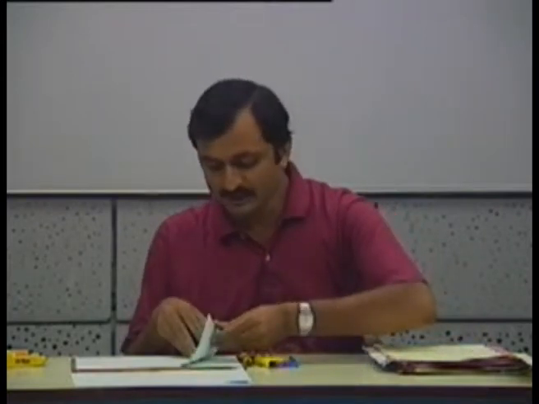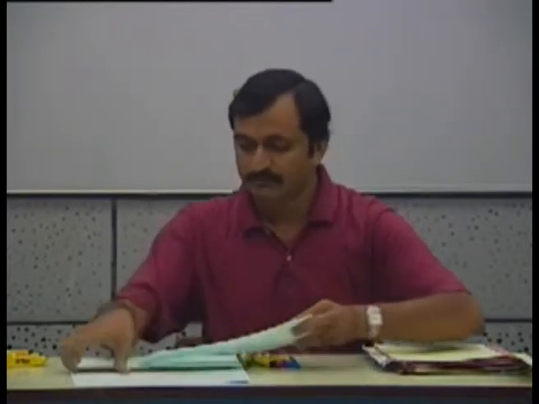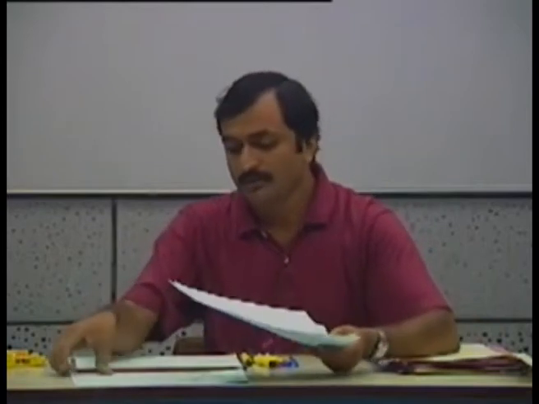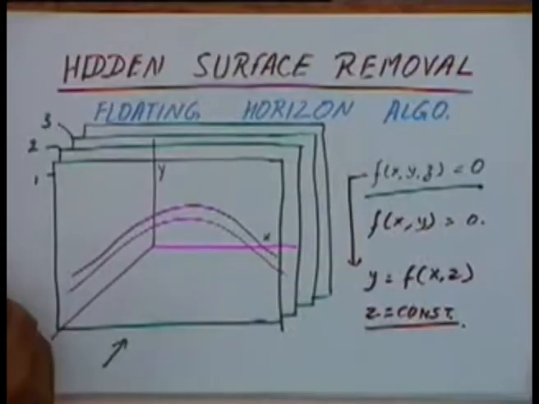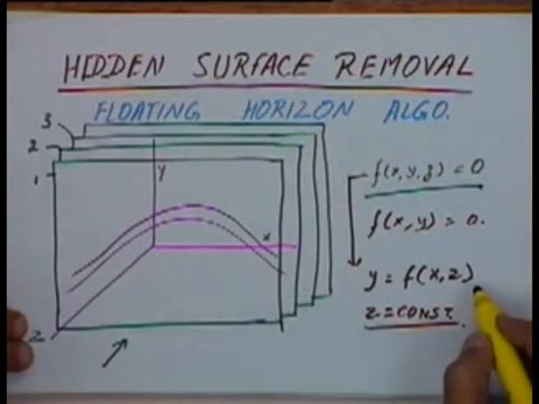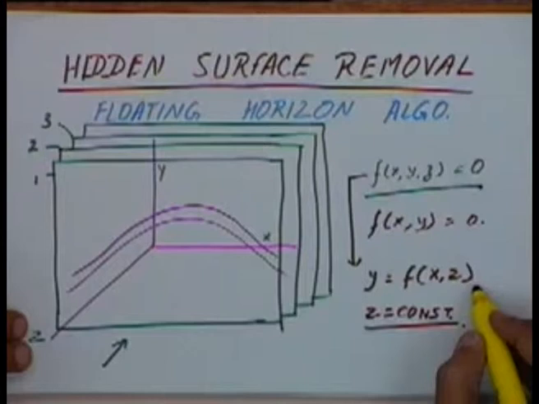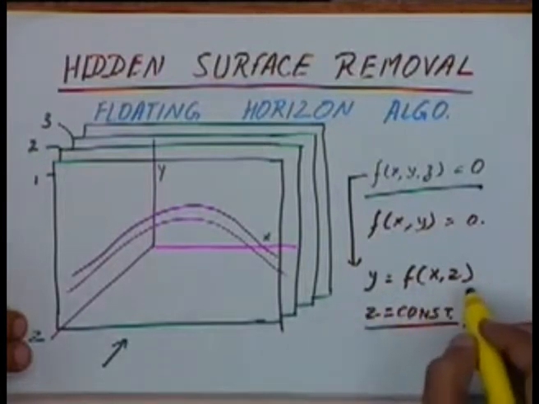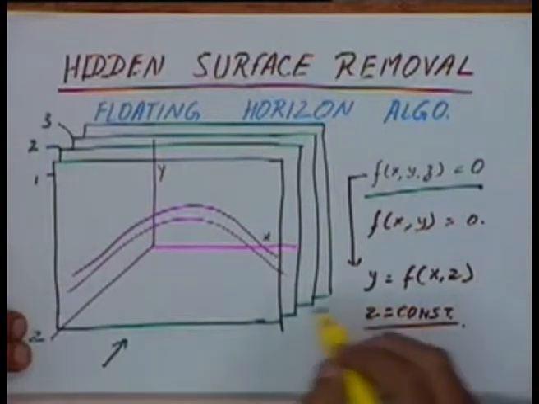Okay. Now this algorithm we've so far been applying for cases where the surfaces can be represented in this mathematical form. Okay, that means my surface can be represented by a mathematical equation like this. Okay, often what happens is surfaces are not represented in a mathematical form, but they are represented by interpolation.